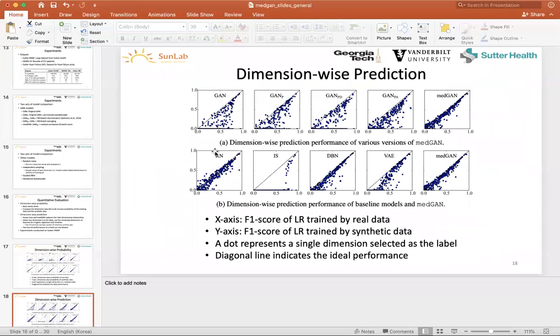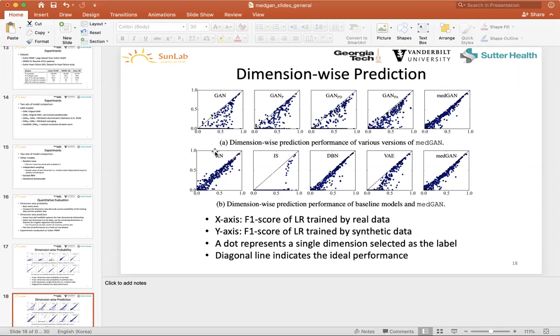Again, this is when you train two separate sets of classifiers to predict just a single column based on all the other columns. The caveat is, even if you use the real data to train your classifier to predict a specific column, it doesn't guarantee that your classifier is perfectly performing that prediction, because first of all, we're using logistic regression, which is not a very powerful model compared to random forest, or these days multi-layer perceptrons, or even support vector machines.